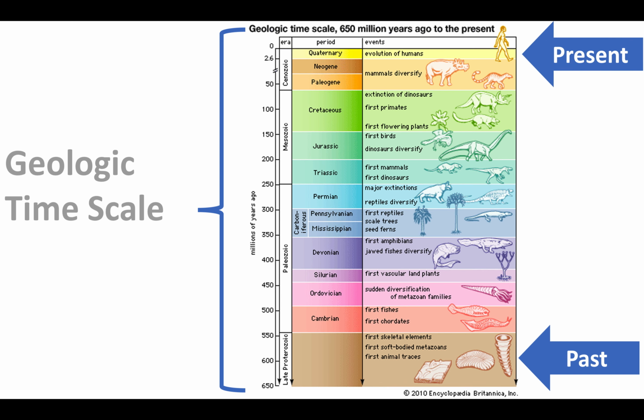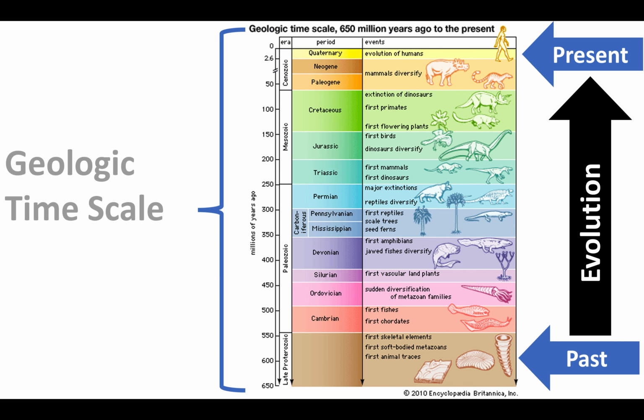Each of these color-coded rows represents a different time period, and again, these periods are often based on the type of life that existed at that time. We want to remember that this is going to help us look at evolution. Over time, life forms changed into new ones from past to present. That's the process of evolution.